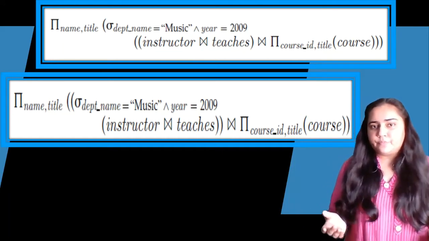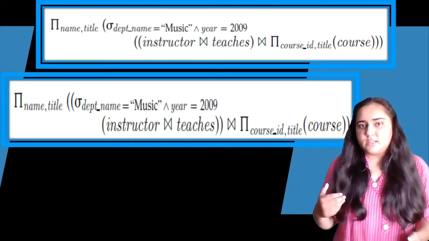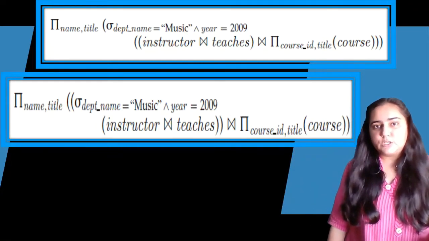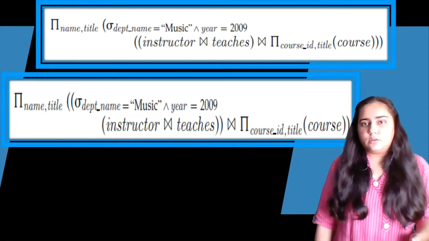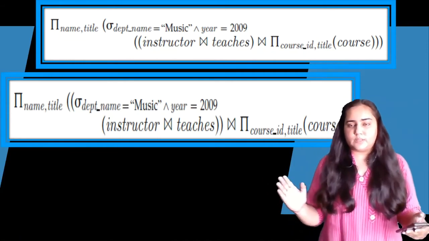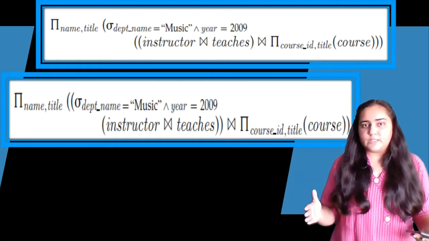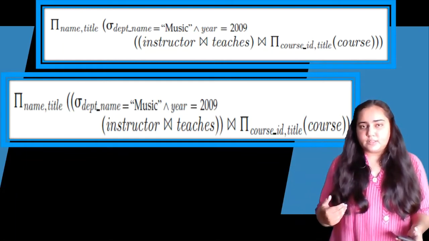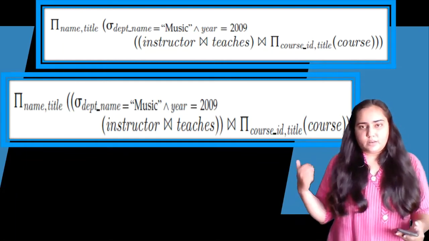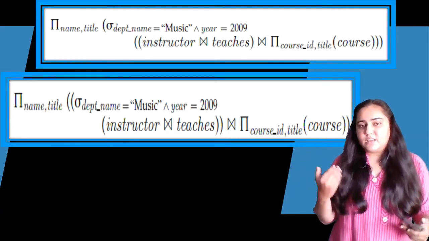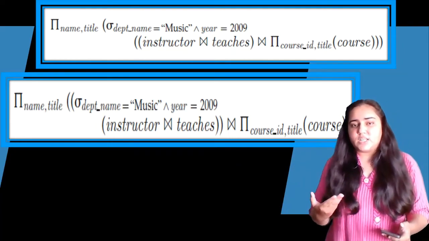Now there are 2. So what I have done is, previously in the top query, my sigma condition was applied on all 3 tables. So first I took a natural join of all 3 tables, and then I applied the sigma condition. But down in this query, what I've done is applied the sigma condition only on instructor and teachers.